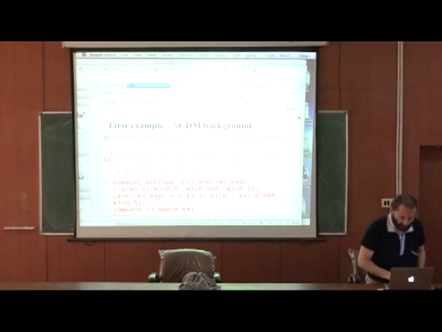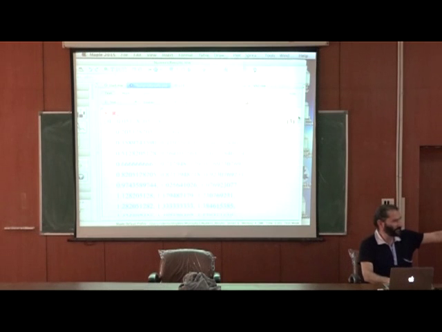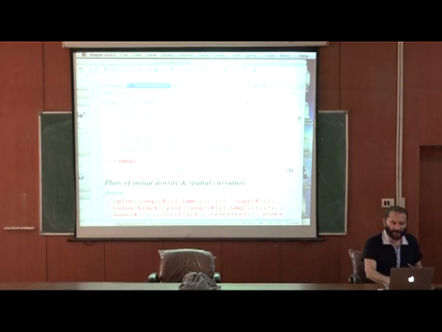So we run the initial conditions, and here are the points of the partition, the radial values of the partition. And this is the value of lambda.